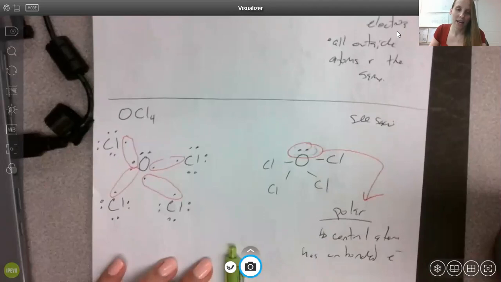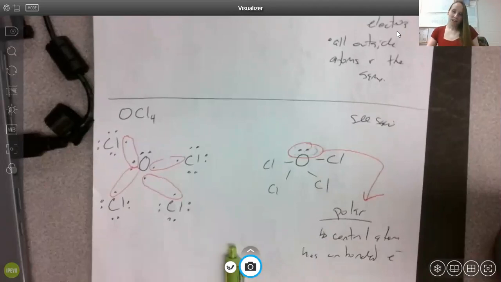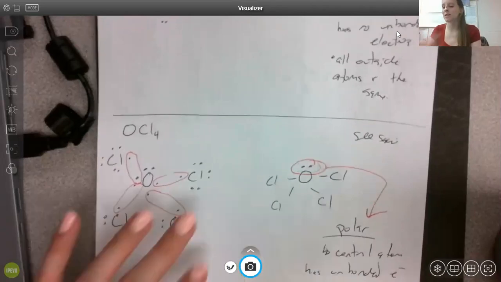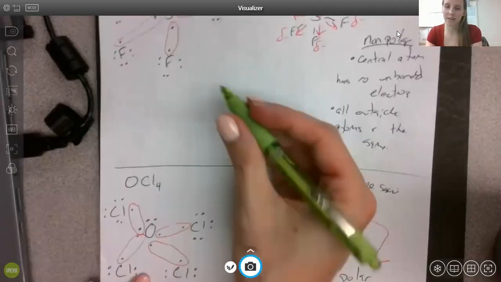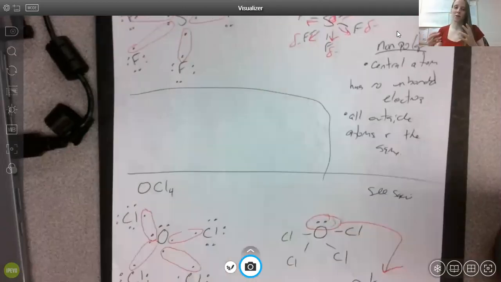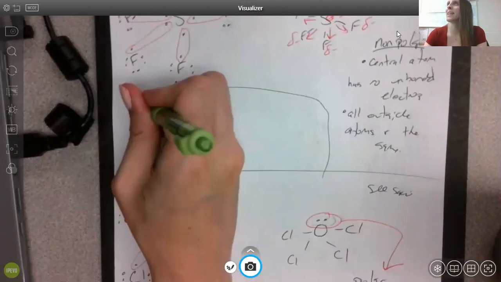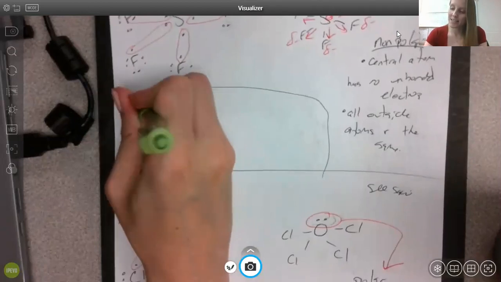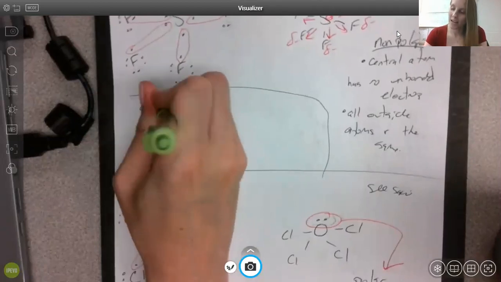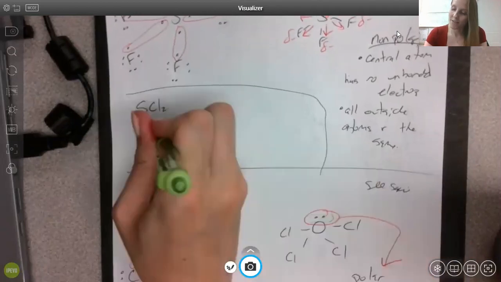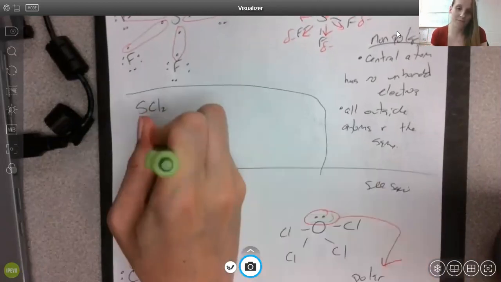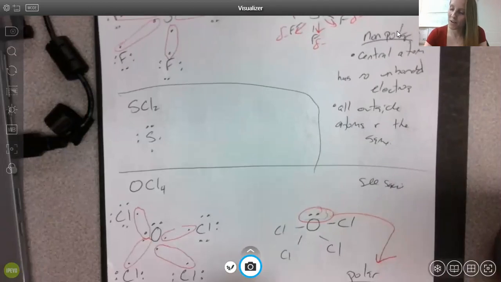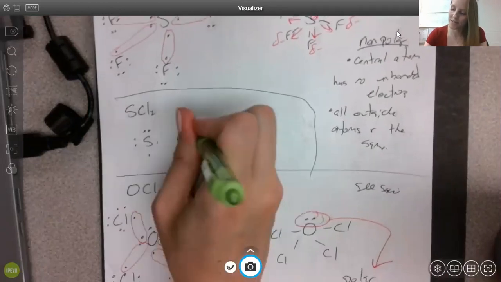Okay? Okay, so let me know if you have any other questions about this. I will say that the trickiest one, which we didn't actually do an example of, but I'll draw it out really quick here in the middle. The trickiest ones are our bent shapes. So if you had, let's say, SCl2, where you have a sulfur bonded to 2 chlorines.